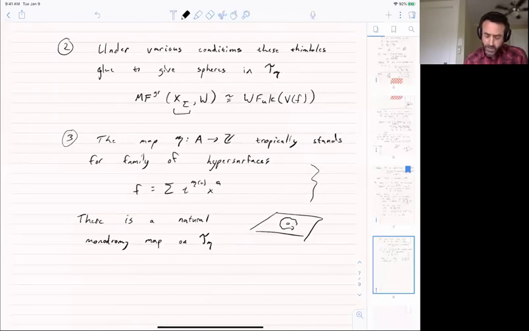It just takes x, x tilde. Remember, x is in the tropical variety and x tilde is in the coamoeba over whatever particular strata, and it just maps to x and x tilde plus x. So this gives a natural candidate for the monodromy map. This we haven't proved quite yet, but I think this is forthcoming.